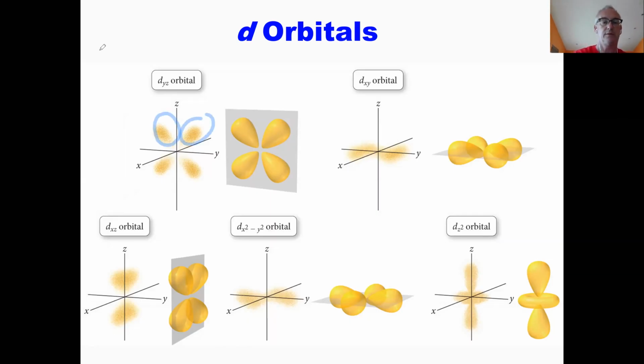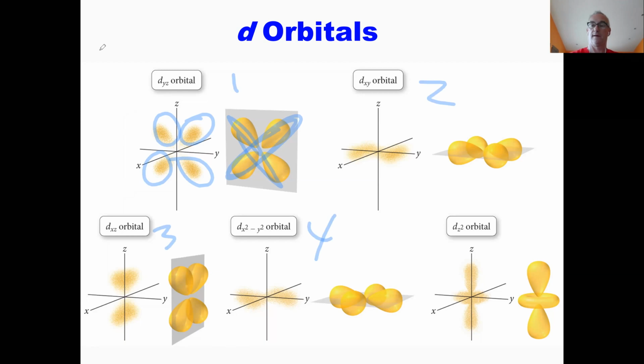1, 2, 3, 4. Now the weird thing that's a little crazy about this is that there are still only 2 electrons there. It looks like there should be room for 4, but these are individual orbitals and there's only room for 2. So we'd have 1 here and 1 there. And the last shape, so this is 1, 2, 3, 4, 5.